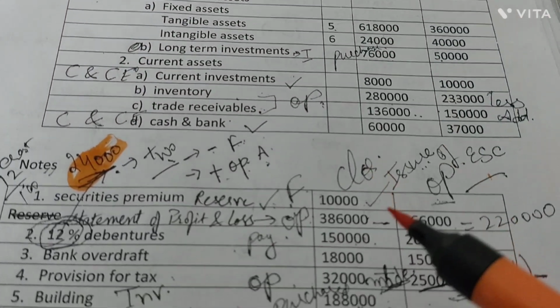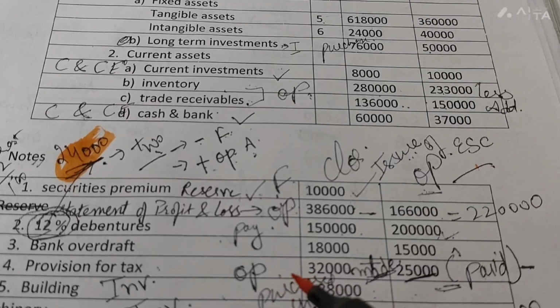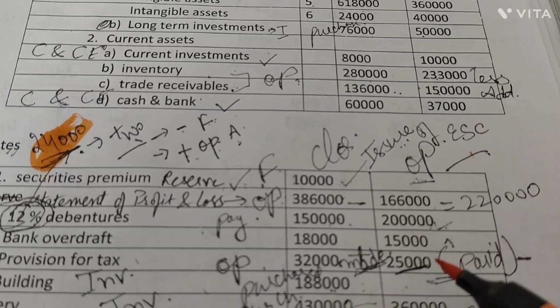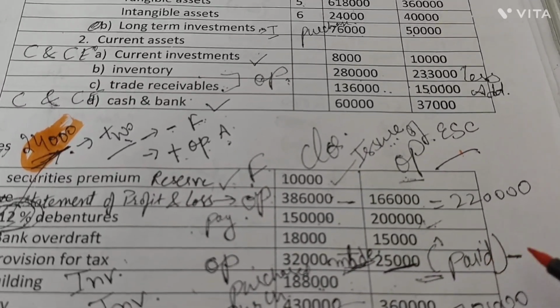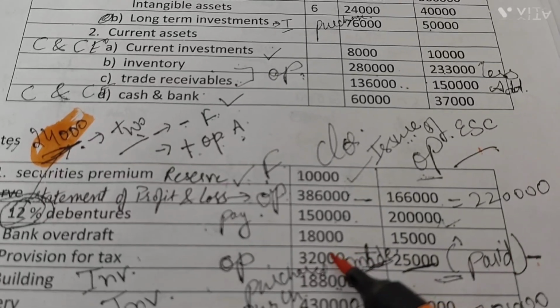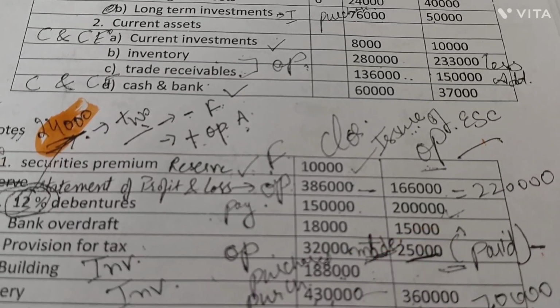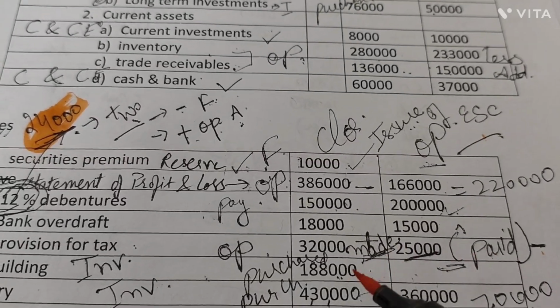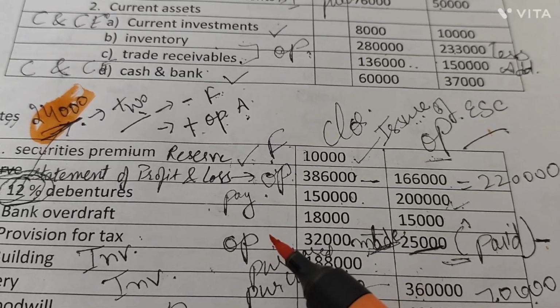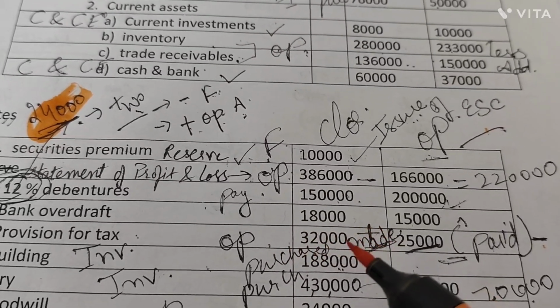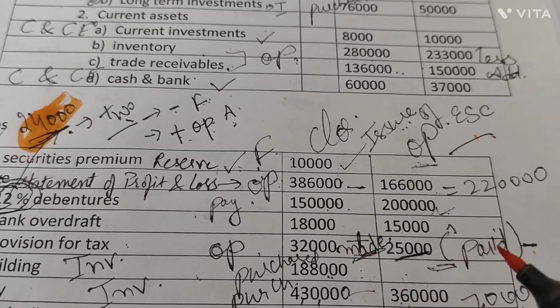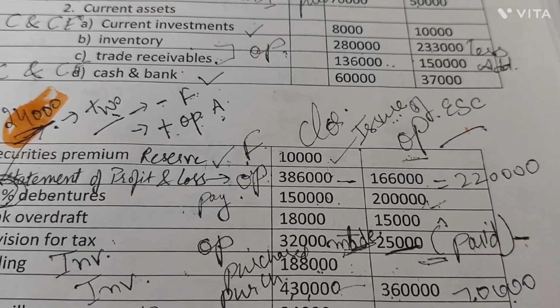Now see what we have written for the short-term provision. For the provision, last year's balance is a paid balance, so deducted. Current year's balance is a made balance, so it is added. But under which head do we have to do this? That is under the head operating activities. So operating activities: add with 32 and less with 25. Let's see.